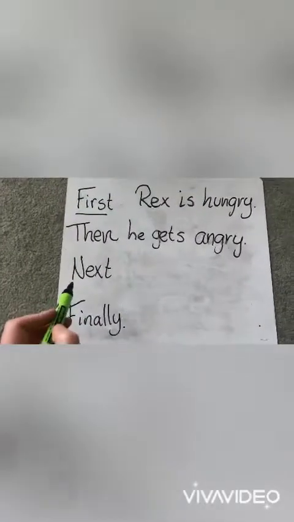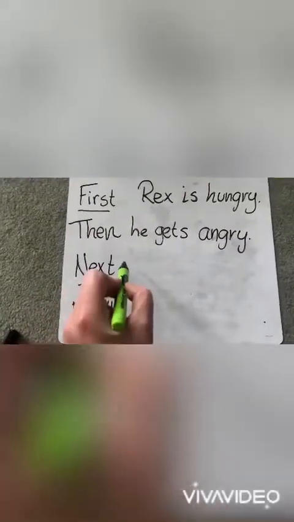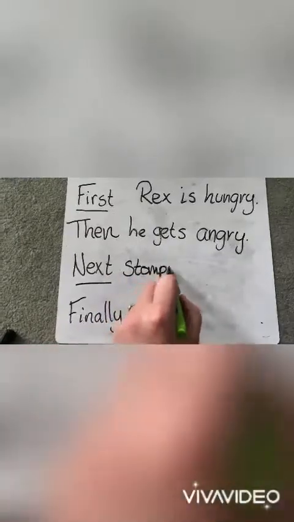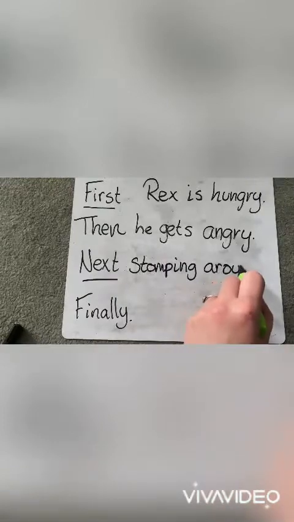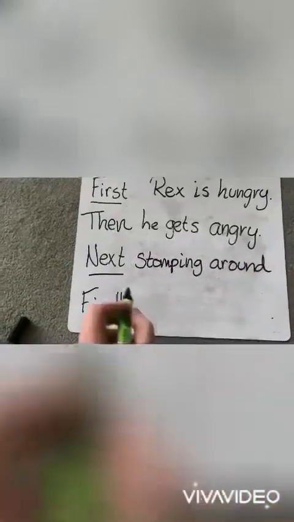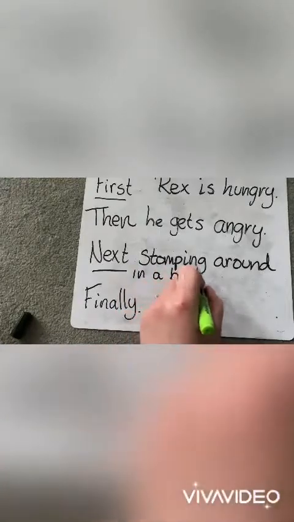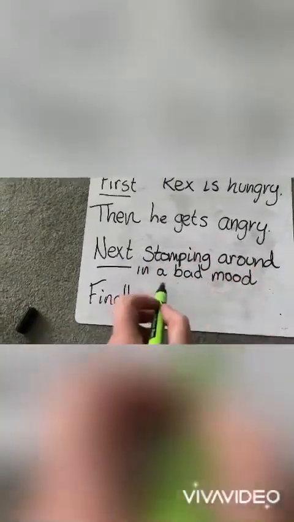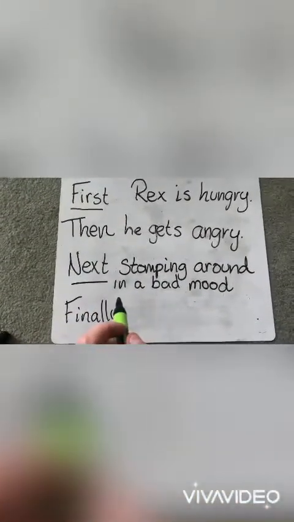I think what's going to happen next is that Rex becomes so angry he will be stomping around in a bad mood, just causing general mischief around the place.